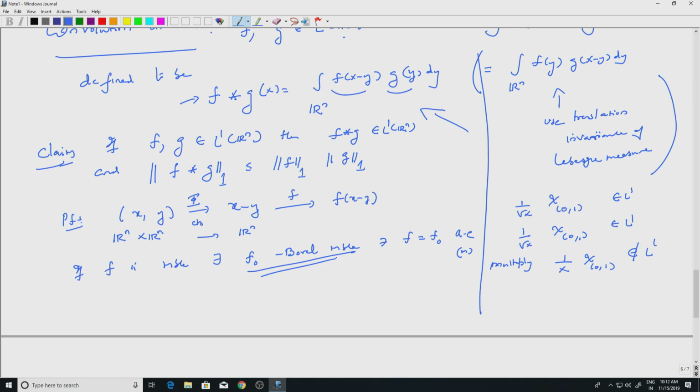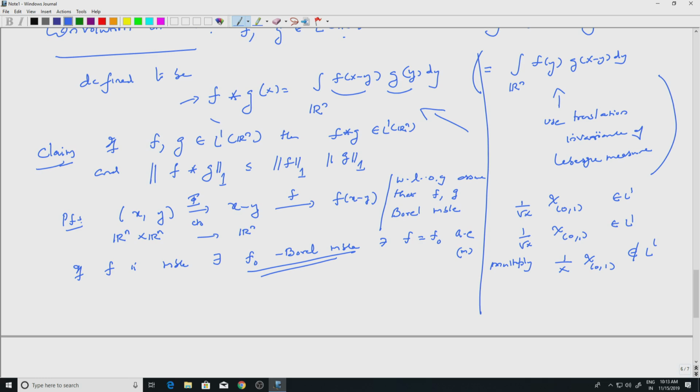So without loss of generality, I should do that first. Assume that f and g are Borel measurable. We can do that because if f and g are Lebesgue measurable, there are Borel measurable functions equal to them almost everywhere, and the integrals don't change. So this expression will not change except on a set of measure 0, which we can discard.